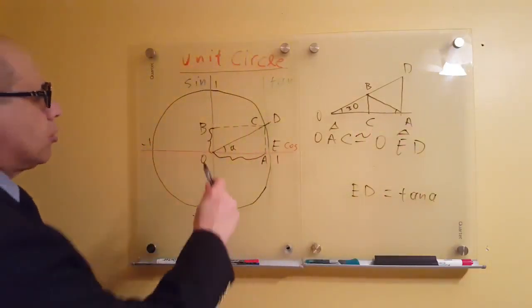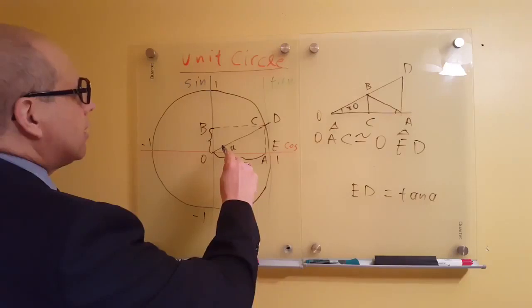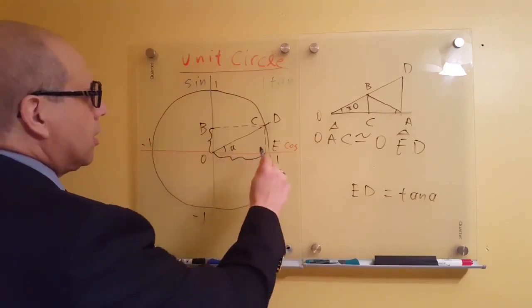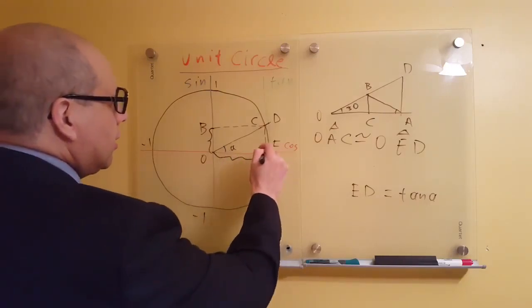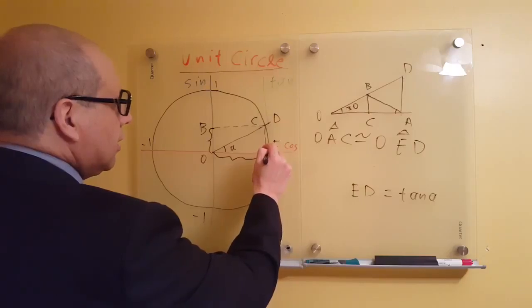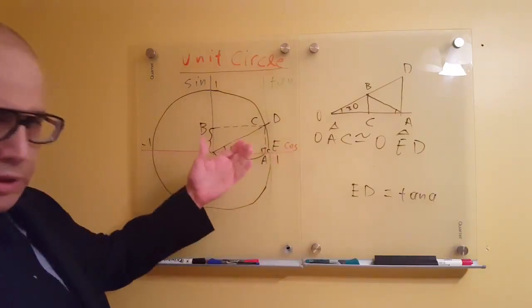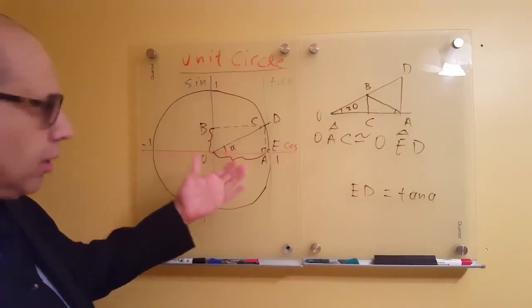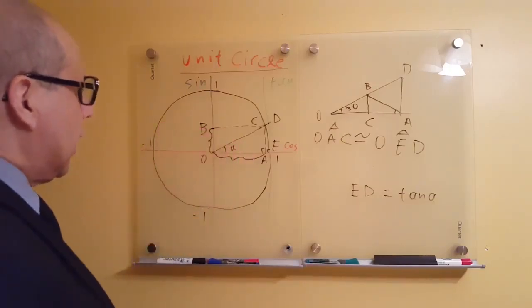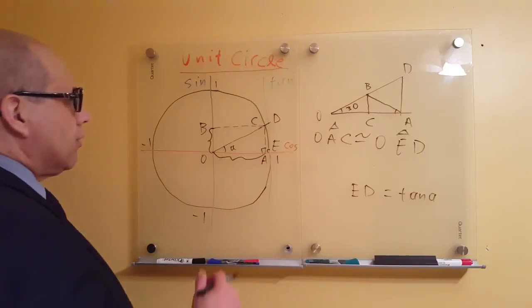Why are they similar? Because they have this angle A in common, and this angle here and this one here are of course equal to 90 degrees. Since they have two equal angles, the two triangles are similar.